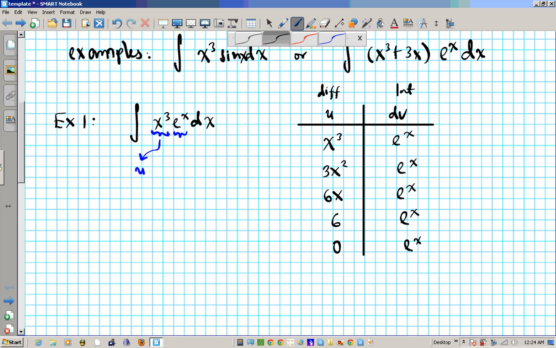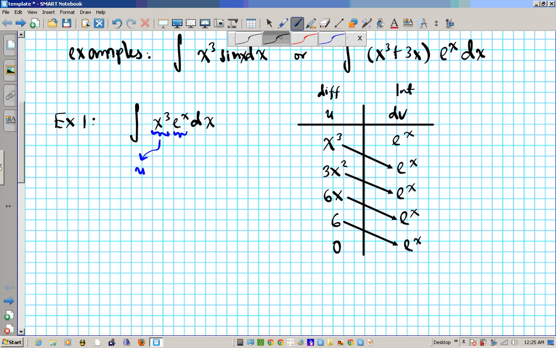Now we're going to start to draw our diagonals. I'm going to start from this one, and it goes down to that, and then this comes down to this, and this one comes down to that, and then this comes down to this right here. This is how you do your signs.